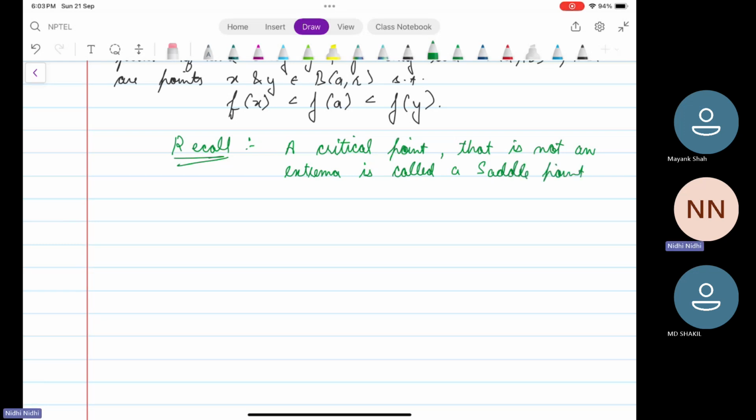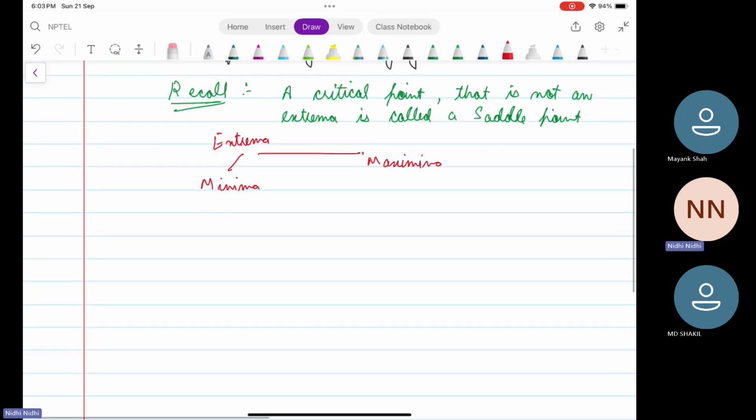We know that we have two kinds of extrema: minima and maxima. We can suppose we are talking about local ones.